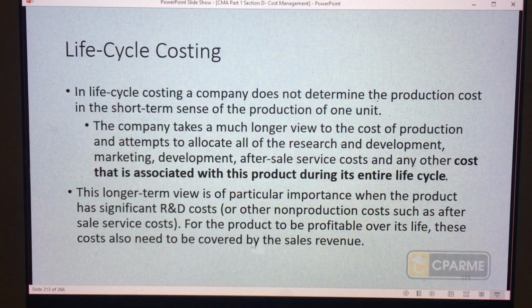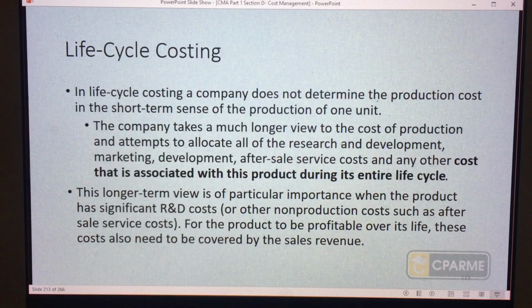So at any rate, in life cycle costing, a company does not really determine the production cost in the sense that on a per unit basis, kasi the life cycle costing is more of a long-term tool to view the cost of your production. So the life cycle costing would actually now include costs like your research and development. So diba, in accounting, you say that your research and development costs are not capitalizable.